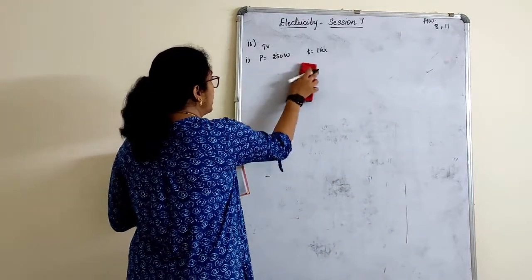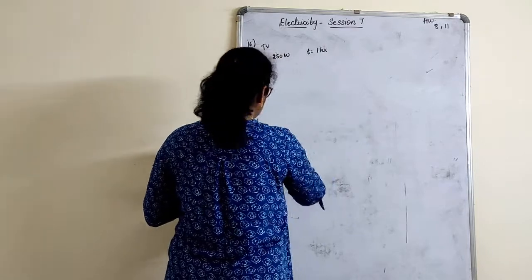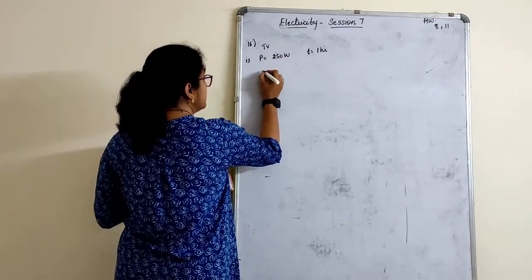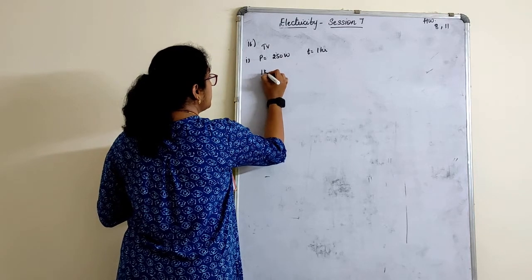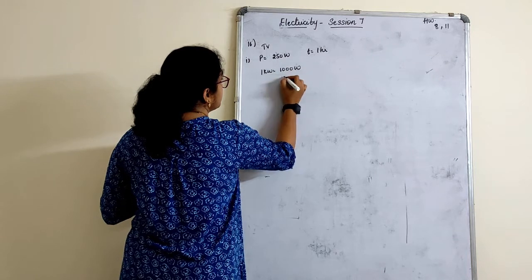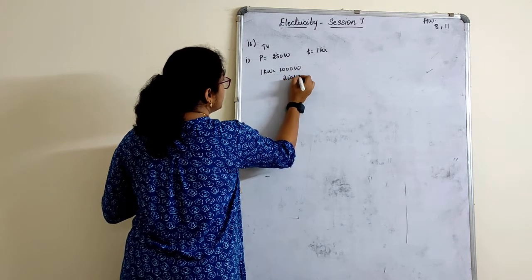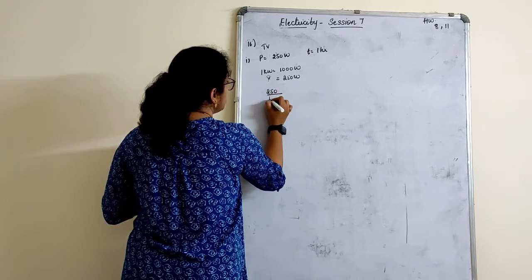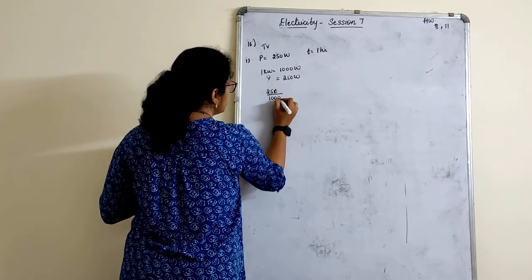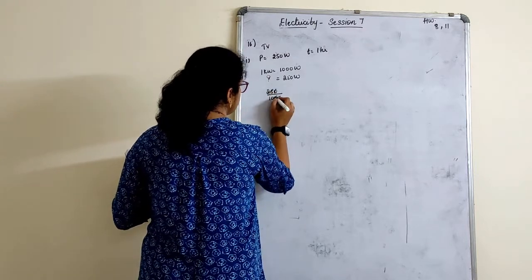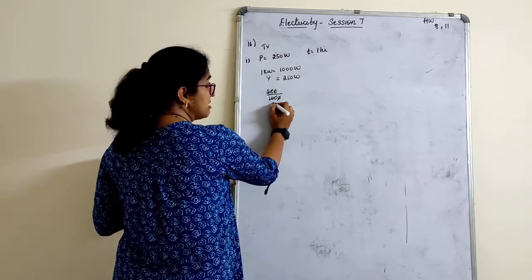It's okay if you don't convert here, because you are not calculating the final bill. But still, we'll consider 1 kilowatt is equal to 1000 watt. So 250 watt is how much? 250 divided by 1000, you will get the answer in terms of a fraction.